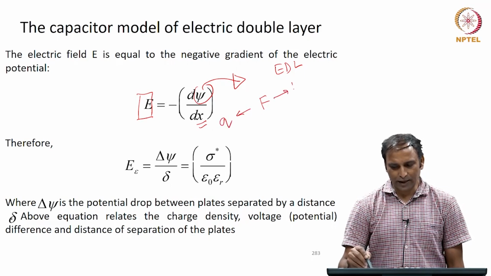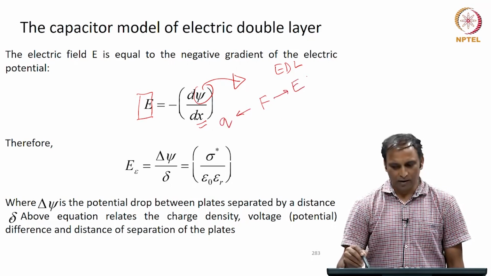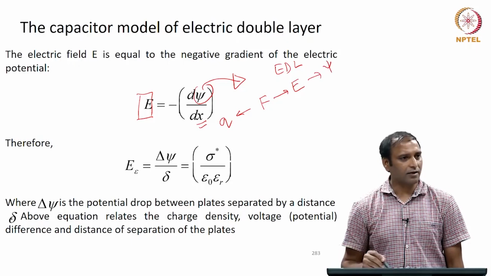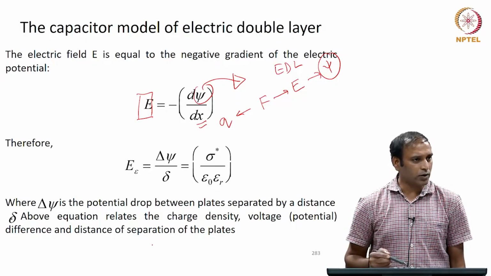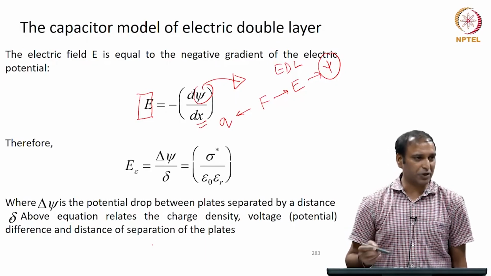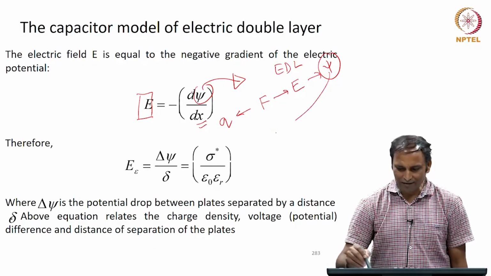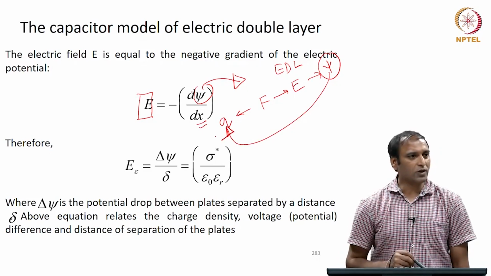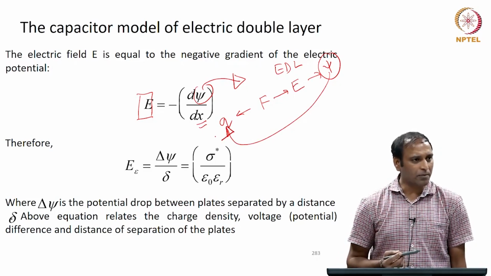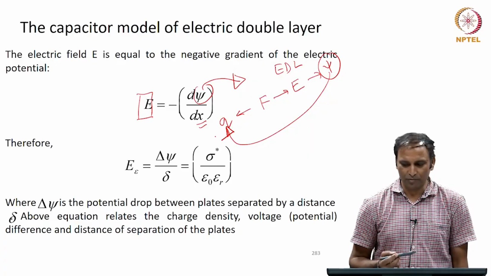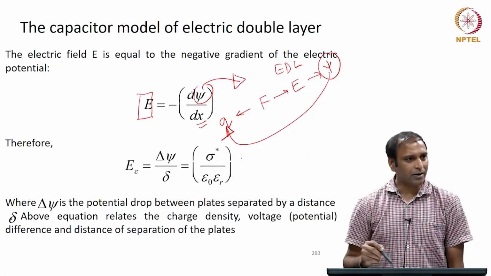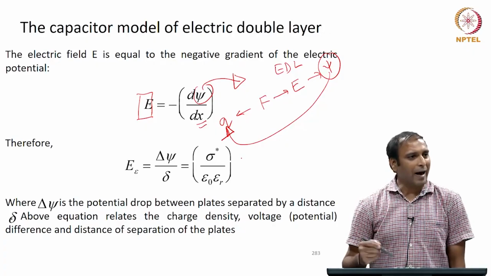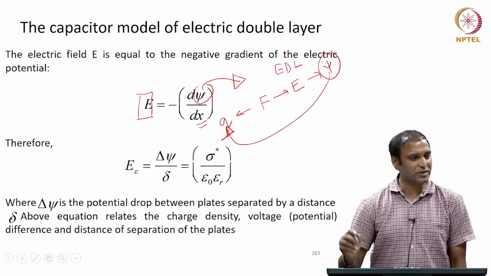If I know the force, I can get the electric field. If I know the electric field, I can get psi. Therefore, if I have a way of finding out the surface potential, then I will have a way of telling something about the charge Q on the particle surface. The reason everything that we are going to do will have psi is that doing the math is much easier if you work with psi.